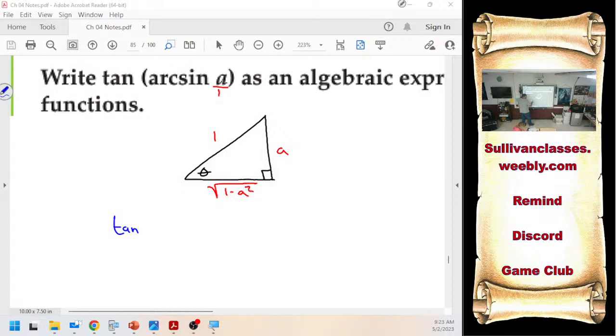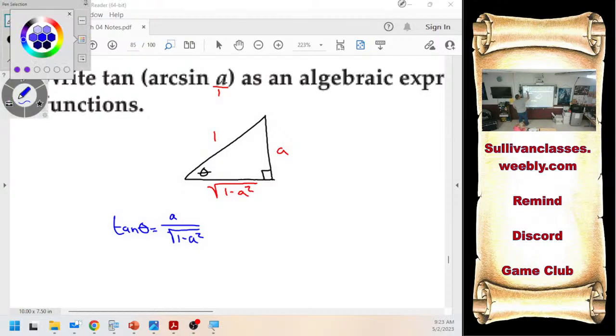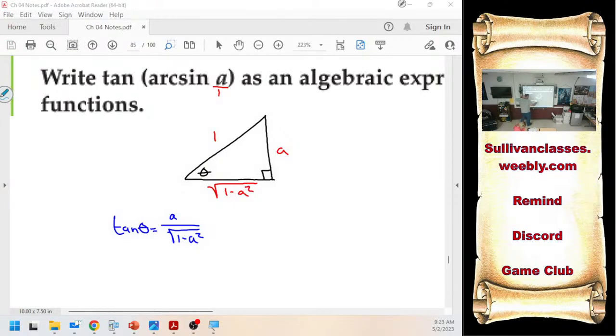So the tangent of that angle is going to be a over the square root of 1 minus a squared. But we can't. No radicals downstairs. Getting kind of amped up over there, so I have to rationalize it.